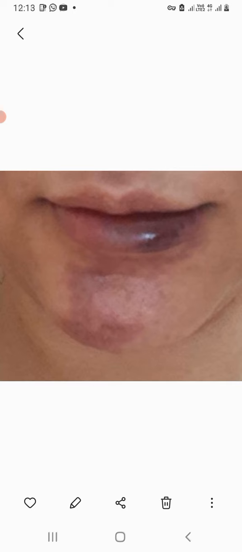We should not massage the hematoma. This is a very, very big mistake that most clinicians do when they see a hematoma after the rupture of any artery.